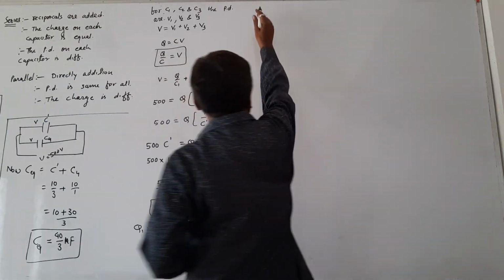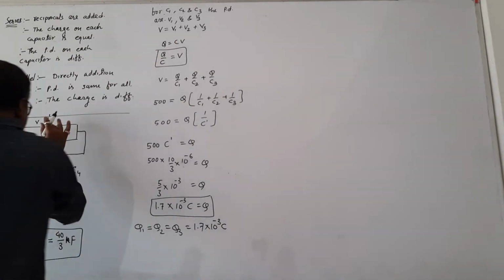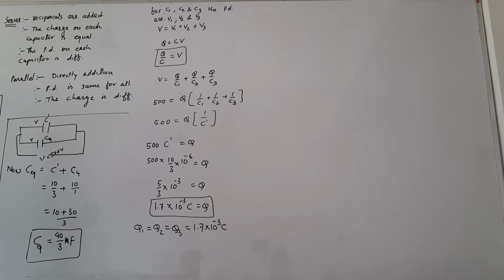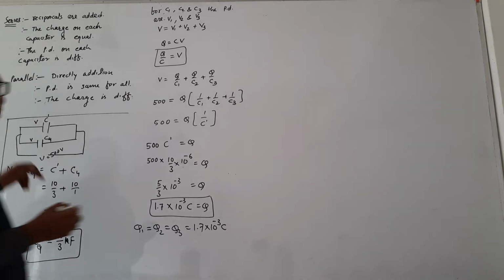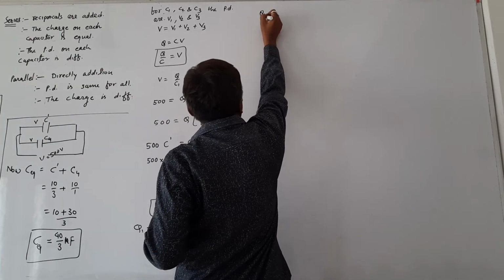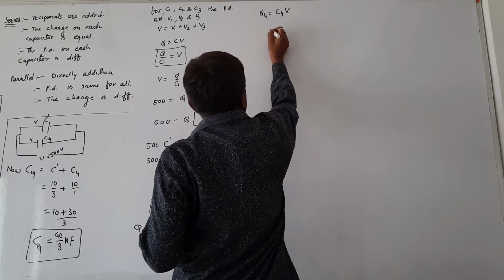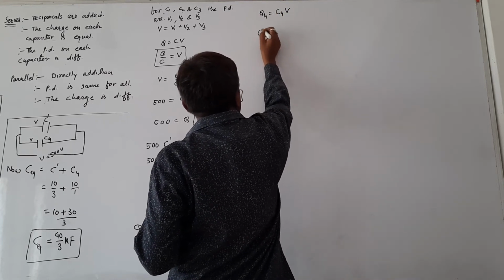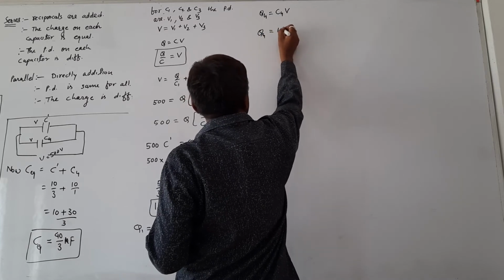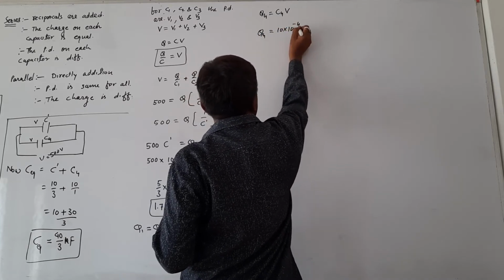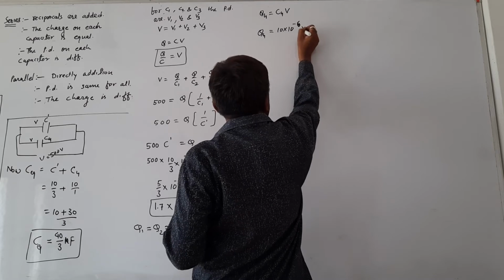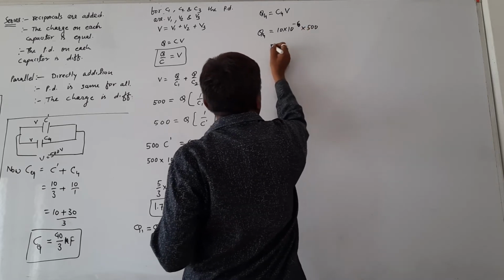Now for C4, you know that the potential difference for both is the same. So Q4 is equal to C4V. So C4 is 10 microfarad, 10 raised to minus 6, and V is equal to 500.